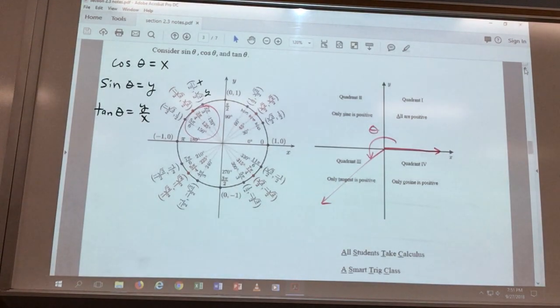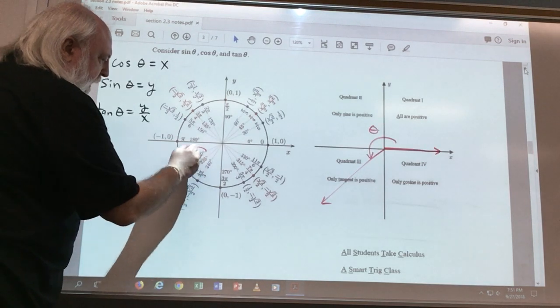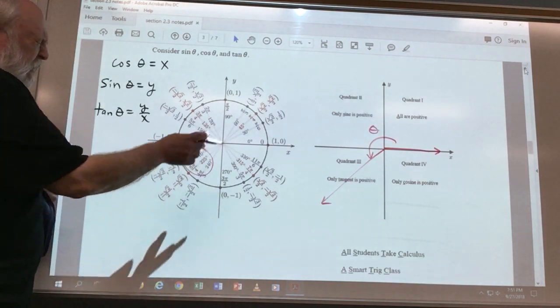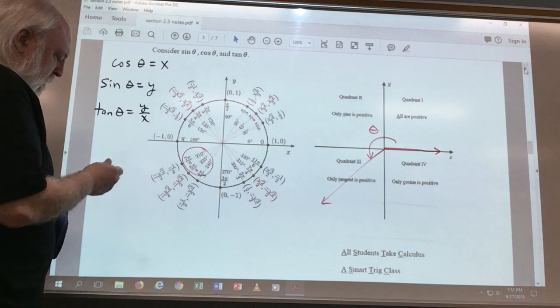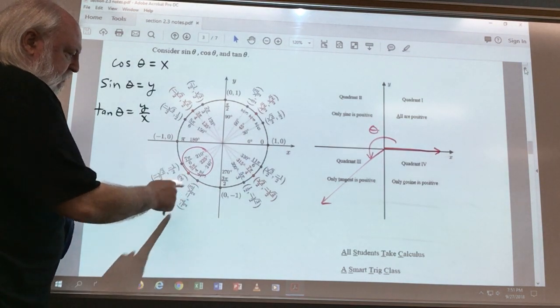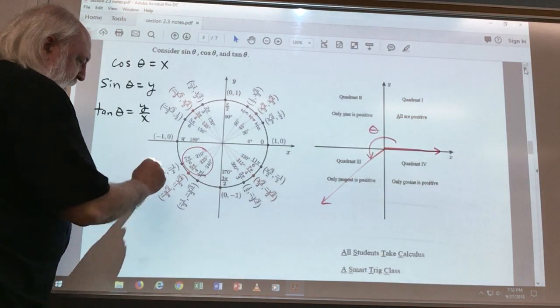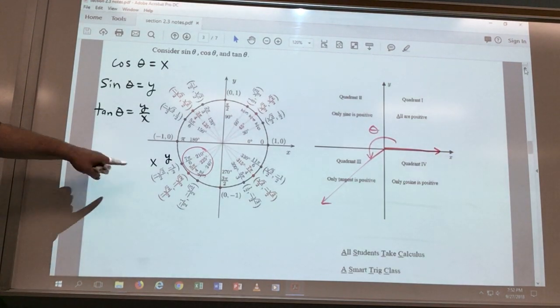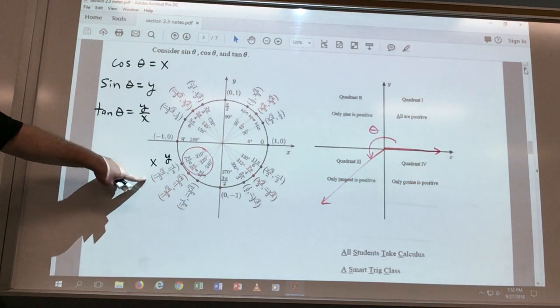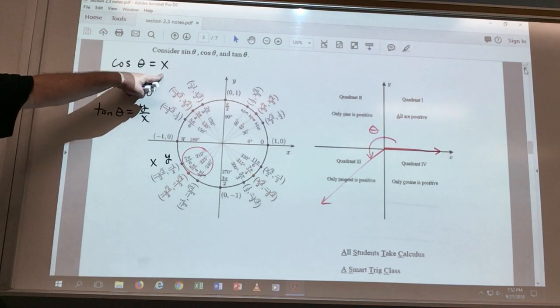Looking at these angles in the coordinate plane, or these angles on the unit circle, in the third quadrant, you can see that each point associated with those angles, the x coordinate is negative and the y coordinate is negative. So since the x coordinate is negative for all those angles, cosine theta is negative because it's equal to x.